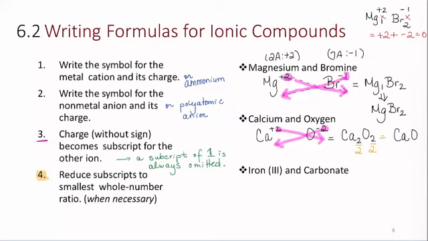So what's going to be the symbol for the element and then the charge? So how do we illustrate iron 3? Great job. Iron is Fe, and then it has a charge of +3, okay?